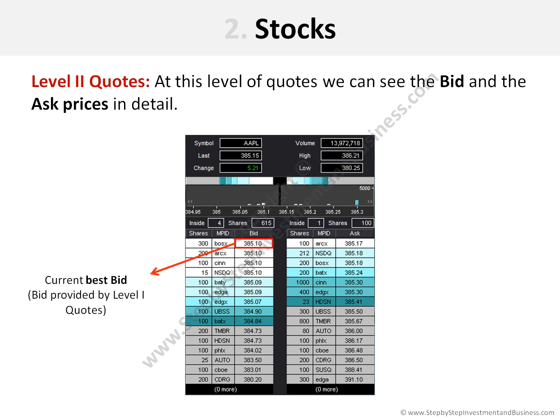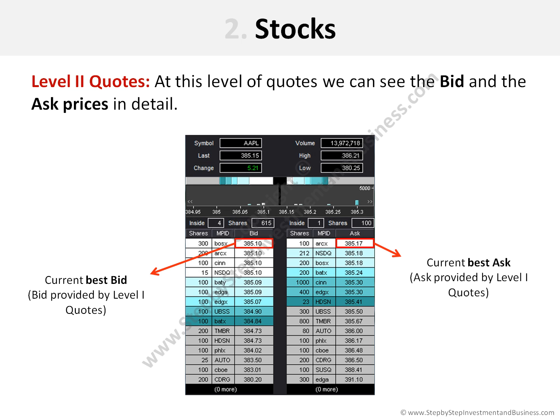So those buyers are willing to pay 385.09 for a share of the stock. The buyers who offer the highest price to buy a share of the stock are those offering 385.10. That is why this value is the current best bid.